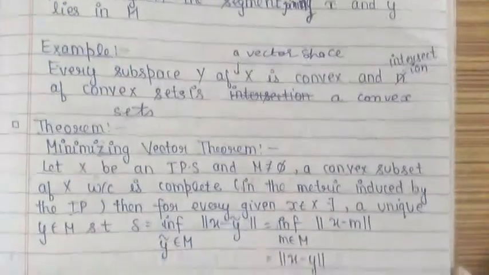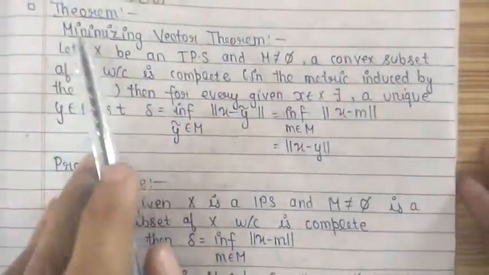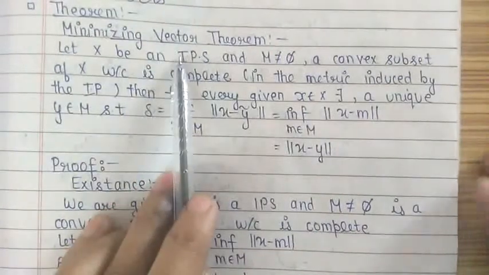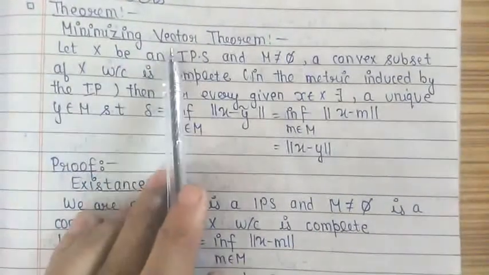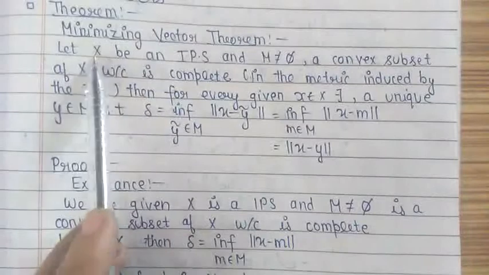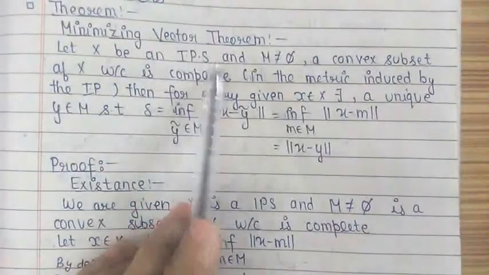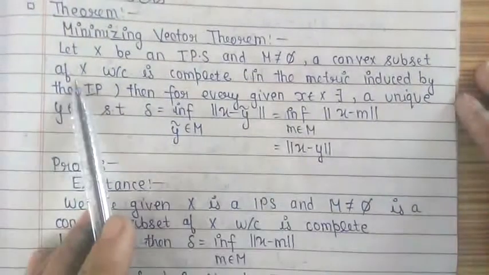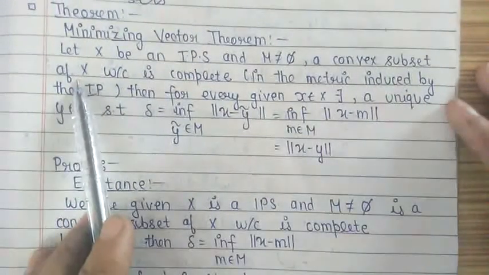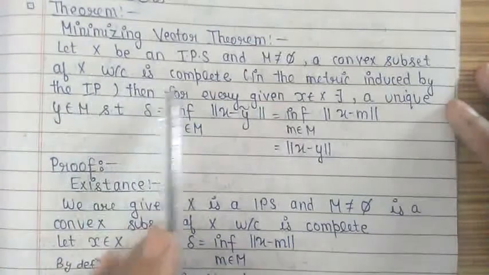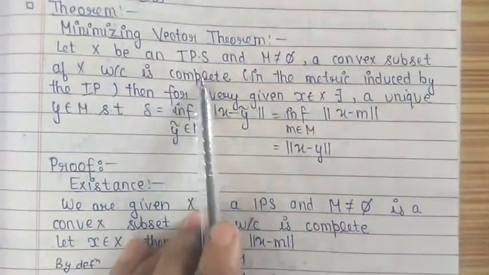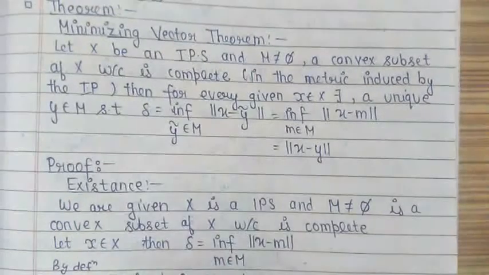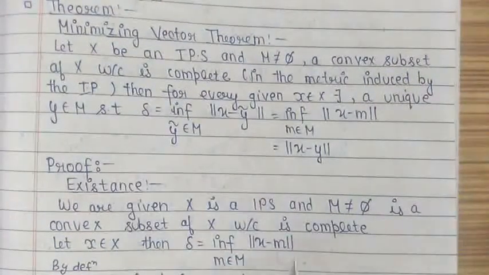Next is a theorem. The theorem is the minimizing vector theorem. Let us take X to be an inner product space and M a non-empty convex subset of X. We are given that this is a complete subset in X. This is complete in the metric which is induced by the inner product.